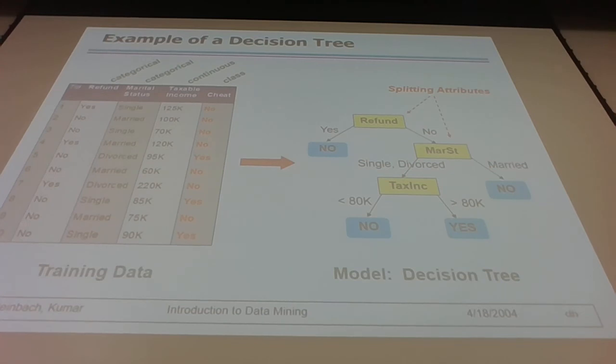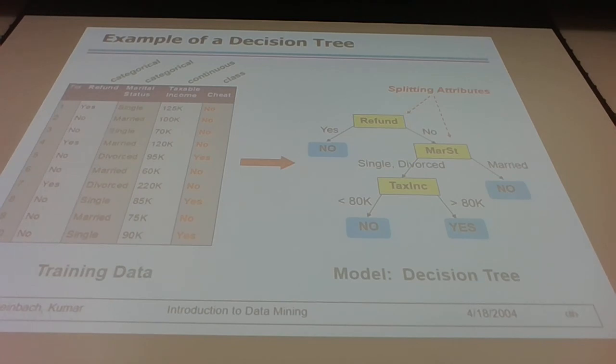What data points are on one side? Data points number 1, 4, and 7. These are on the yes side, and the rest are on the no side.